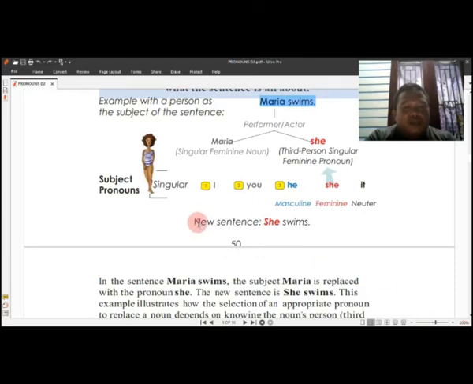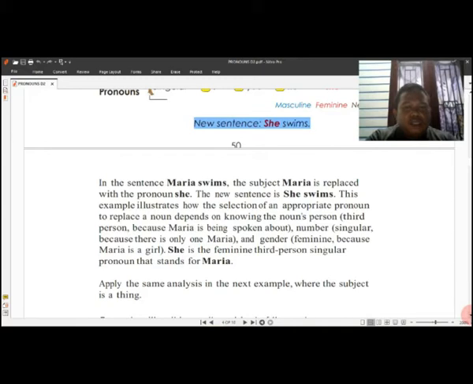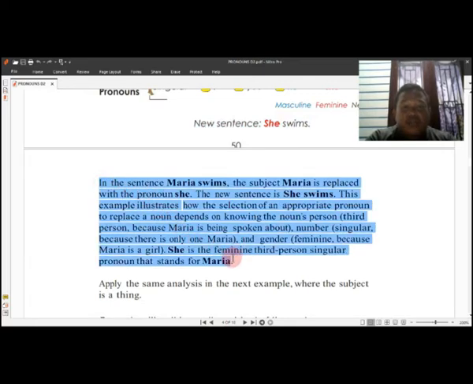As you can see here, the sentence transformed into the subject pronoun becomes she swims. There is also an explanation here, like a paragraph of explanation of what happens above. So you just read this and then try to understand it.